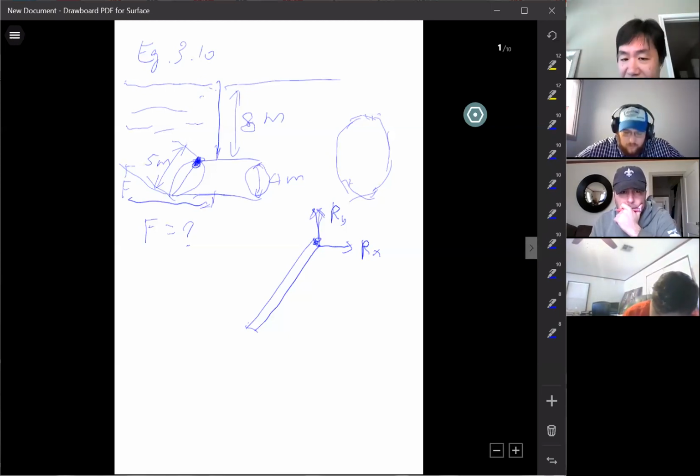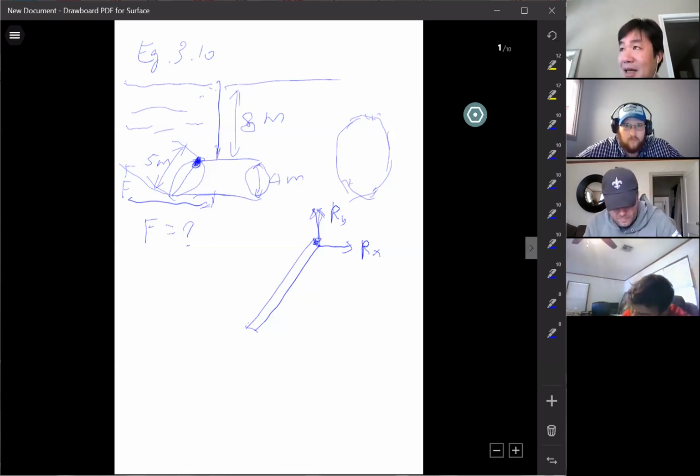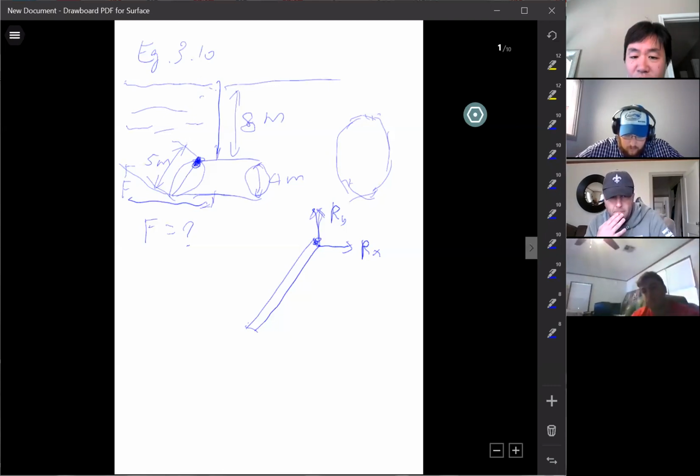All the dimensions, then all the forces, with a name for each force. After that, you pick an equation for this.